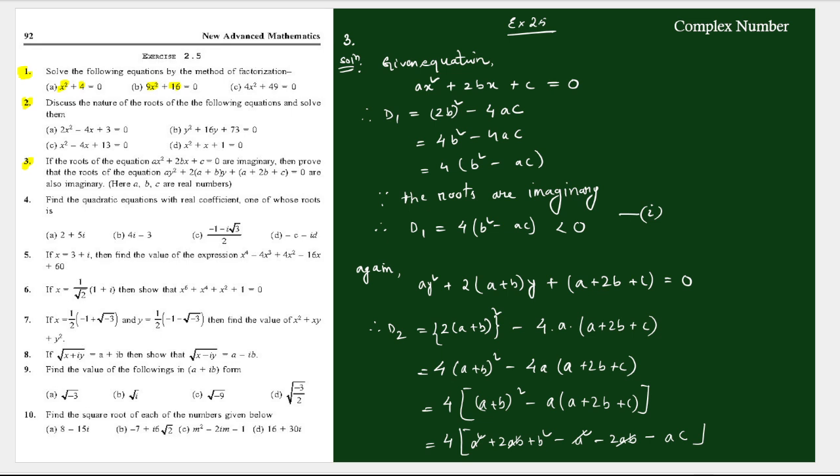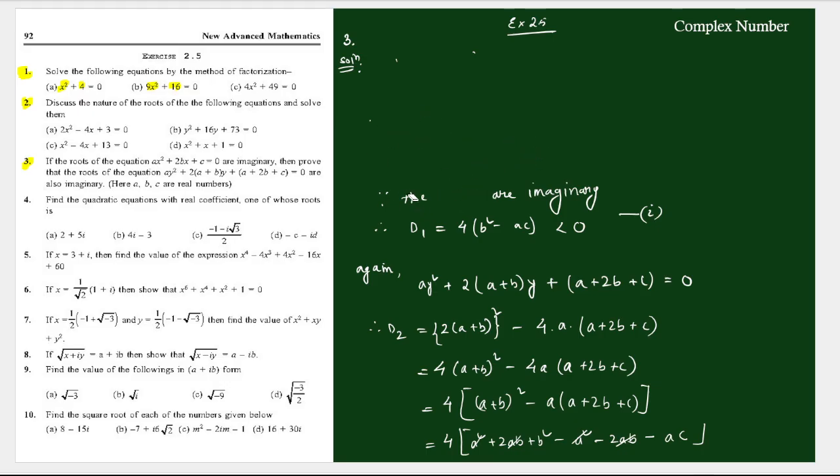So now it is the same, right? Our d2 also becomes d1, and d1 is imaginary, so d2 will also be imaginary.